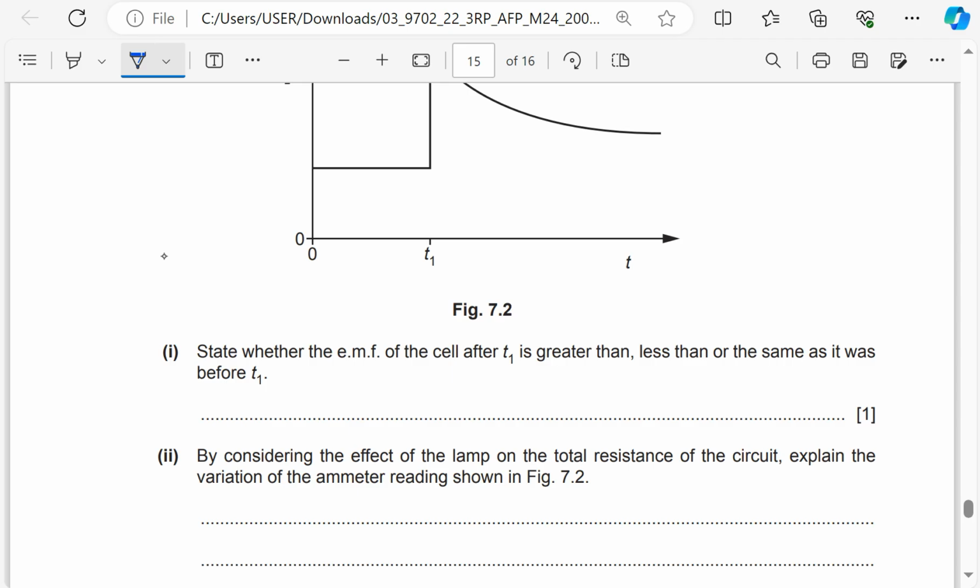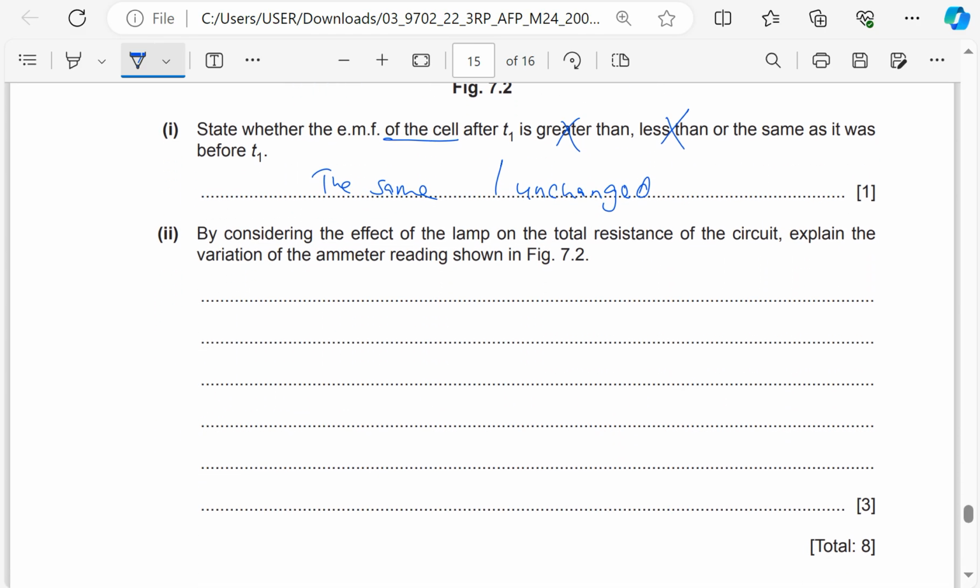So the EMF is a constant, so this remains the same. It is the PD which changes, but the EMF is not changed. We don't expect it to be greater. It can't be less. If it is less, then we are talking about the terminal PD.